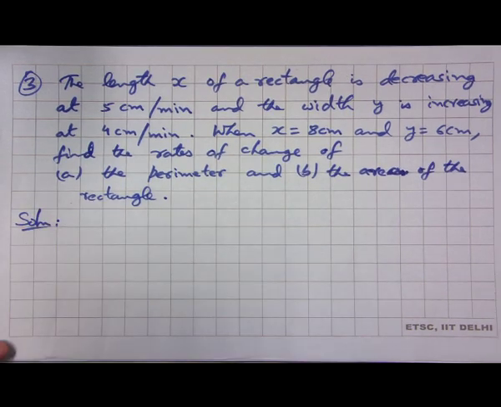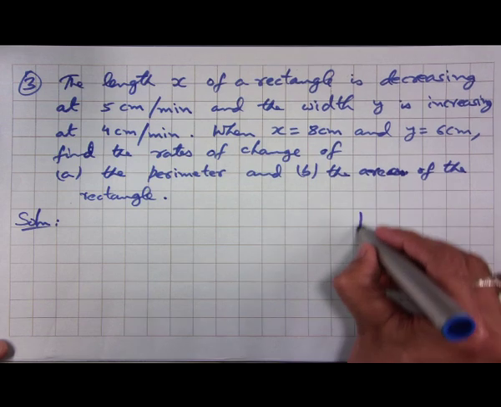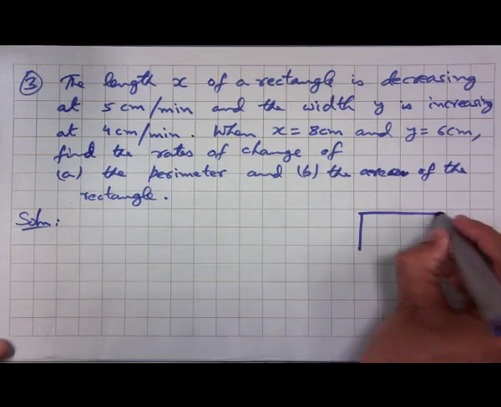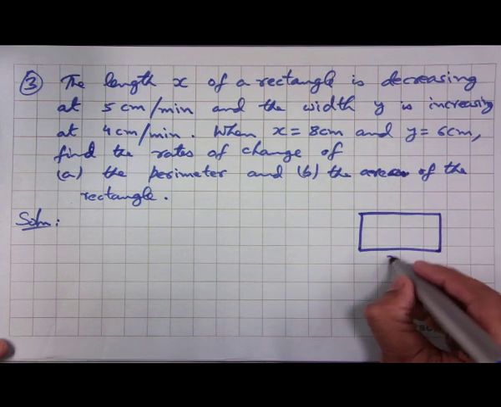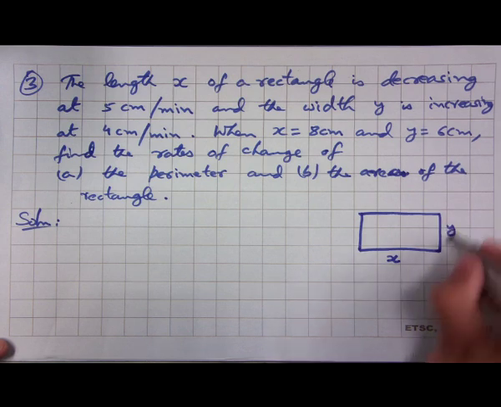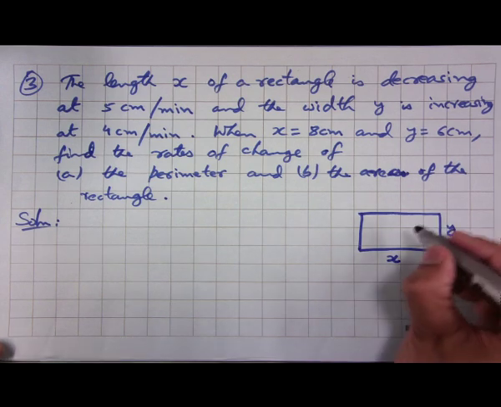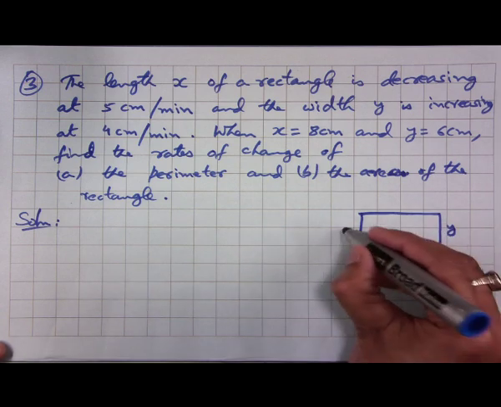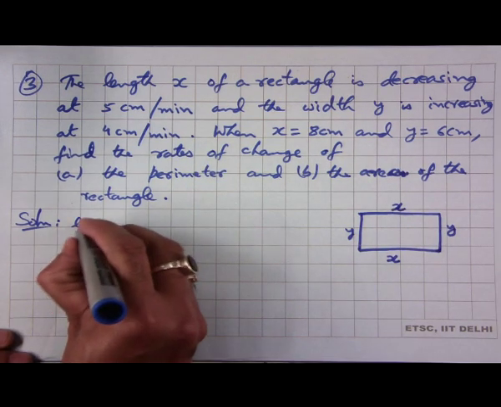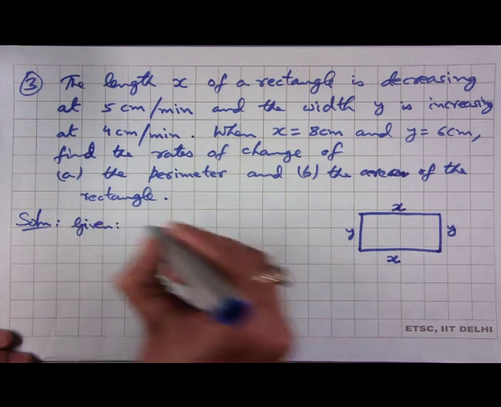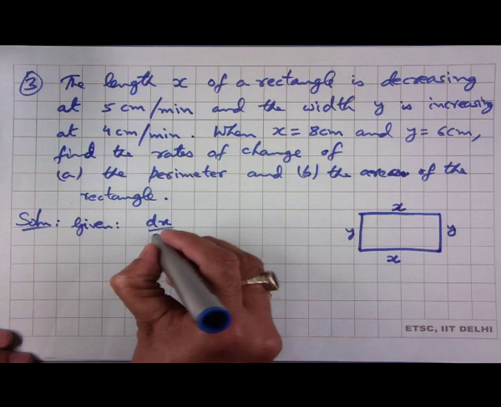So, let us see what is given. We have a rectangle and let us say its length is x and width is y, and we are given dx/dt.